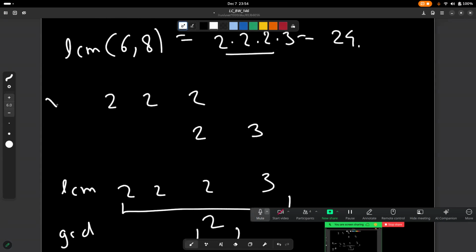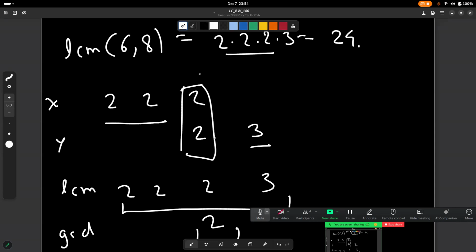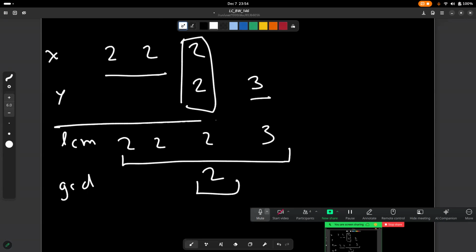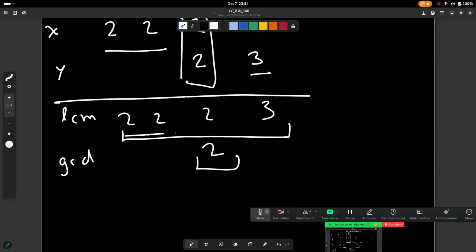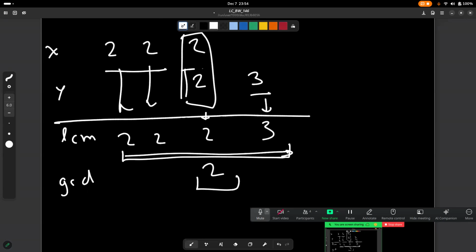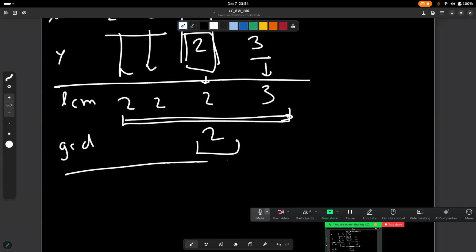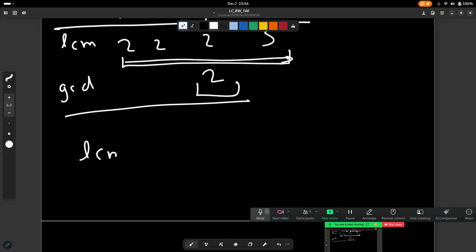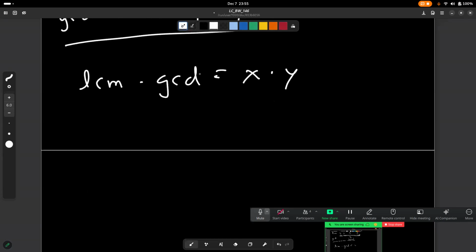When you multiply X and Y, every element occurs once, and the overlapping elements occur twice. And when you multiply LCM and GCD, all elements occur at least once in the LCM, and the overlapping elements are taken care of by the GCD. And at the end, your LCM into your GCD is X into Y.